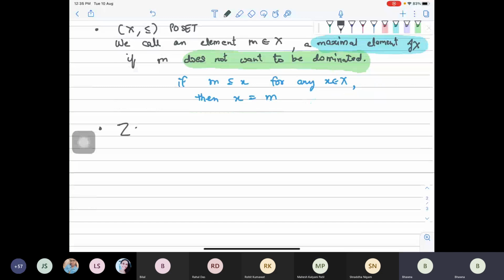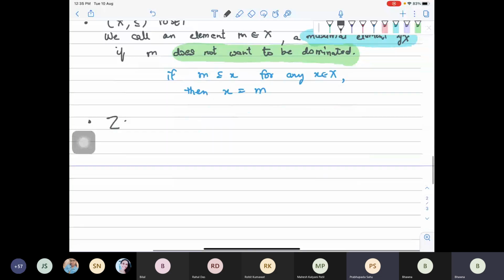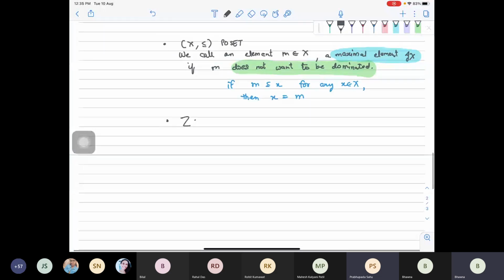Ma'am, can we say that if an element of a poset is an upper bound, it implies it is a maximal element, but not conversely?